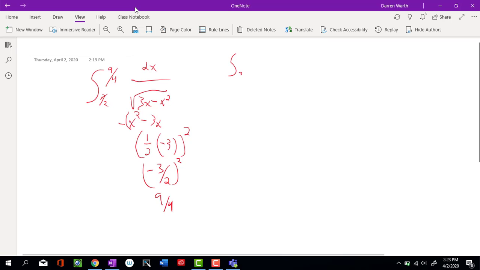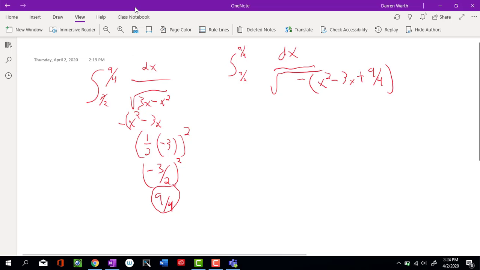So I've got my integral from 3/2 up to 9/4, and I've still got my dx in the numerator. I'm just going to rewrite this as the square root of, and you're going to notice I've got my negative, and then in parentheses I've got x squared minus 3x plus 9/4, which makes that a perfect square, because half of negative 3 squared is your positive 9/4.